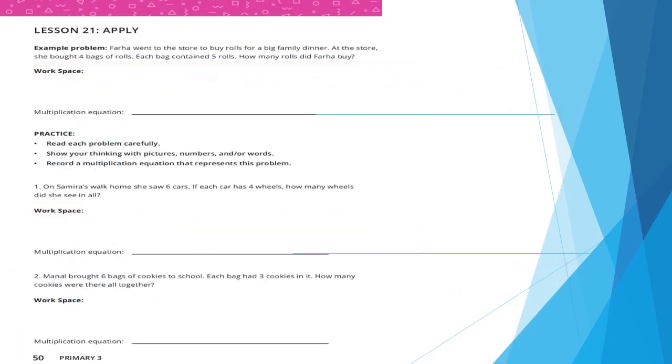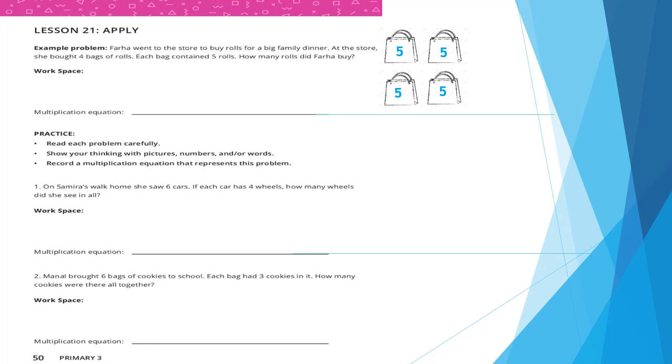Now let's move to lesson 21. Let's apply. Here we have an example problem. Farha went to the store to buy rolls for a big family dinner. At the store, she bought 4 bags of rolls. Each bag contained 5 rolls. How many rolls did Farha buy?